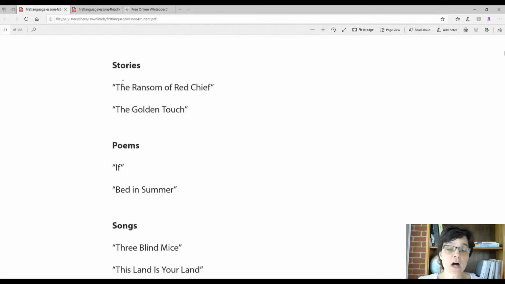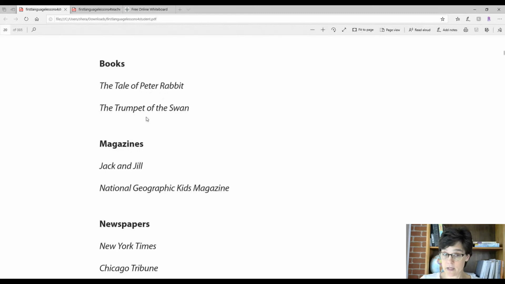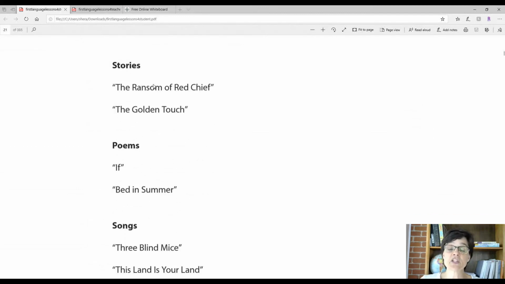Okay. So you've got The Ransom of Red Chief, The Golden Touch. These are stories from books. Now, whatever the name of the book is would be written like a book. It would be either italicized or underlined, depending on if it was typed or handwritten. But the stories in a book have quotation marks around them.